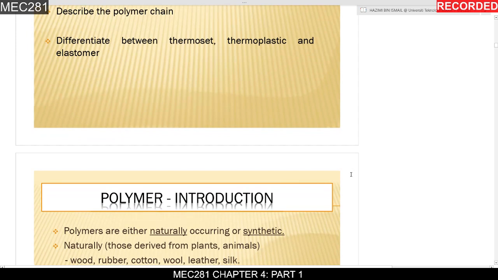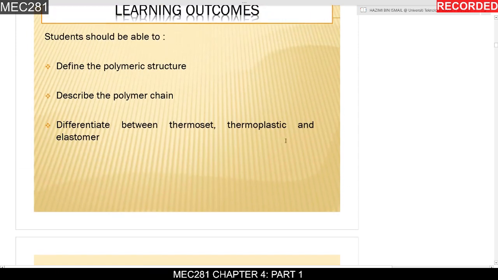Okay, so we have three terms, right? Thermoset, thermoplastic, and elastomer. Have you remembered that? Thermoset, thermoplastic, and elastomer. Okay, wait for a second.